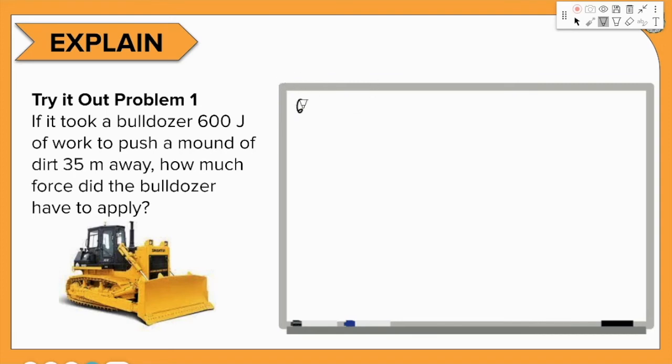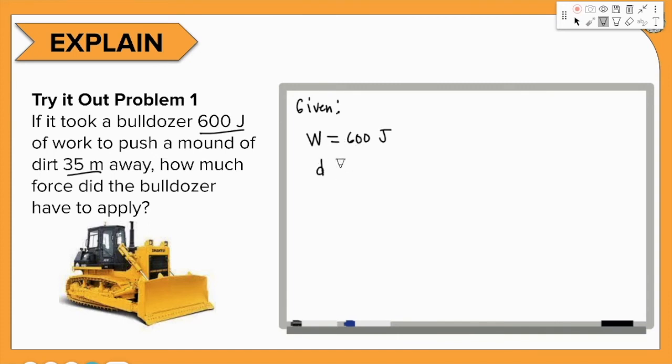Okay, so let's write the given. So 600 joules and 35 meters. So again, look at the unit so that you will know what quantity that is. So 600 joules is work, right? And then the bulldozer is able to push a mound of dirt 35 meters away.